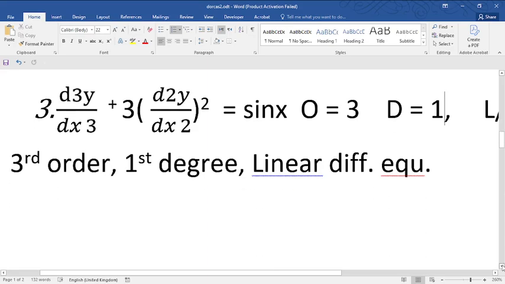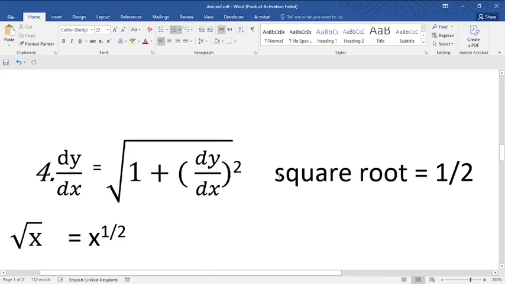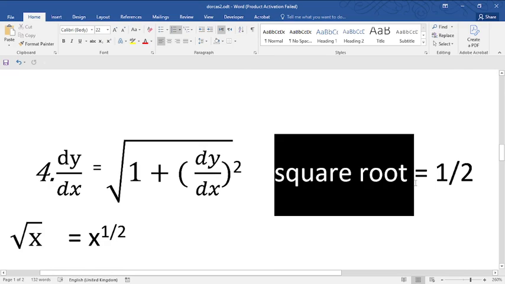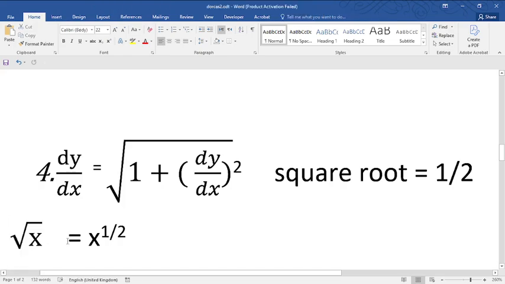So for the fourth question, the idea is just to take note that wherever you have the square root of something, it is the same thing as that particular stuff inside the square root raised to the power of 1 over 2. That is the reason why I gave this as an example: the square root of x is the same thing as x to the power of 1 over 2.